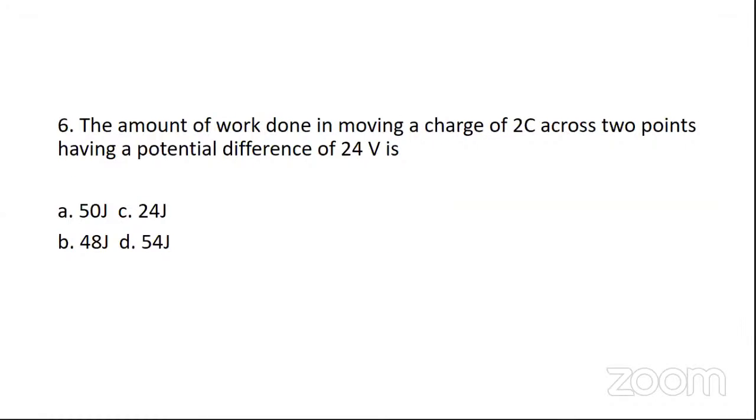The amount of work done in moving a charge of 2 coulombs across 2 points having a potential difference of 24 volts is. Yes, Arushi, right answer. Yes, Devanshi, right.